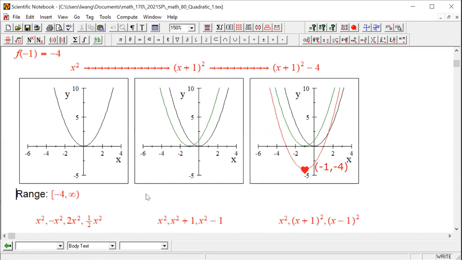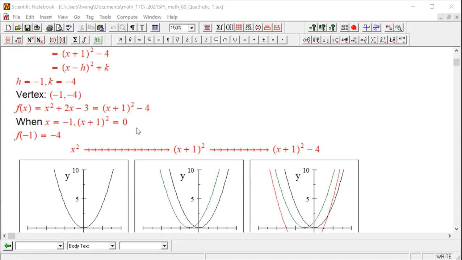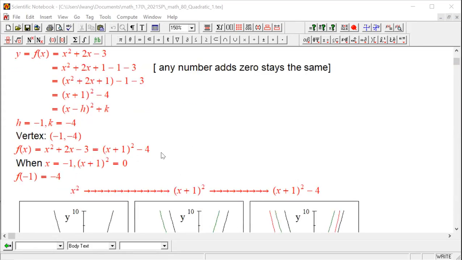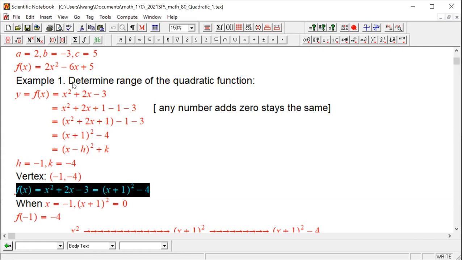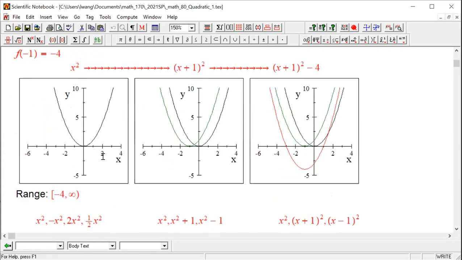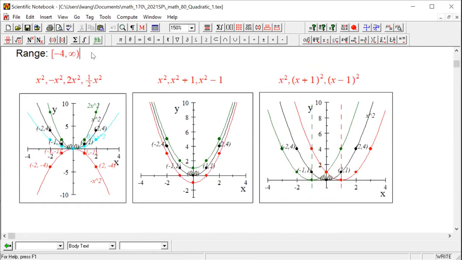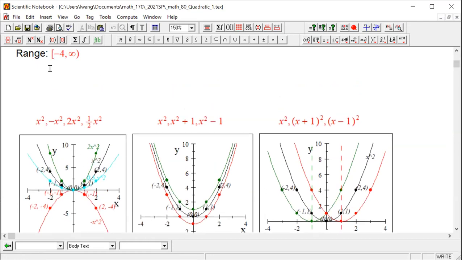Let me give you some different forms of the range, and then we go on to the next example. When we talk about the range, we're really talking about this function's value.